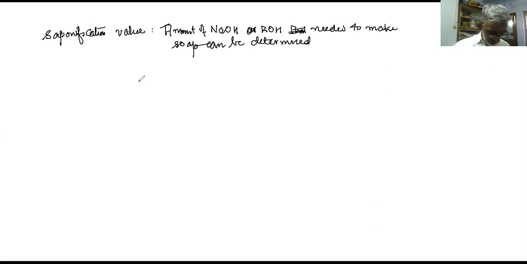Okay, now the definition. What is the saponification value?